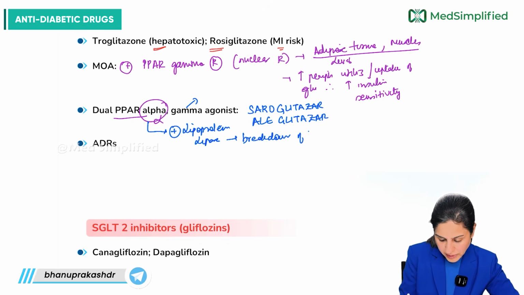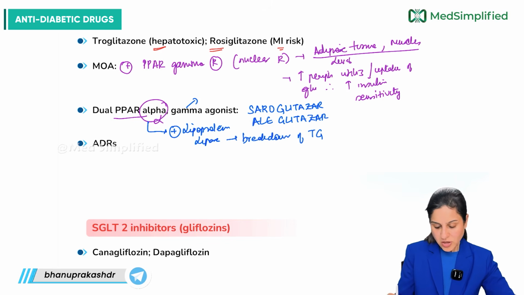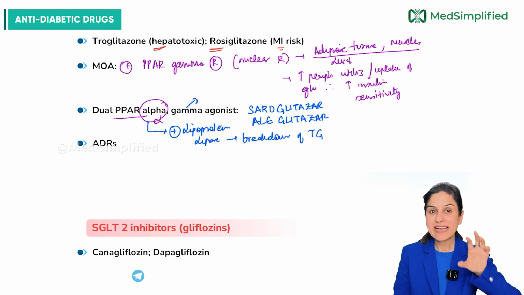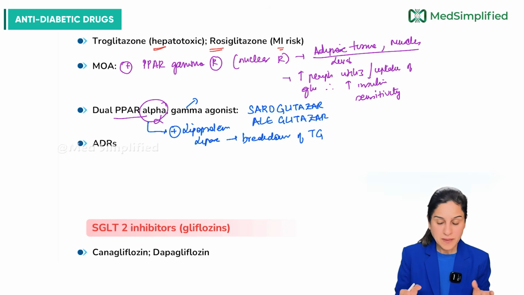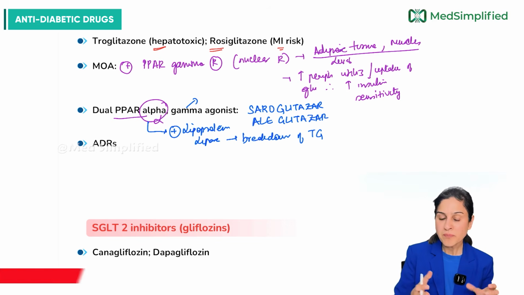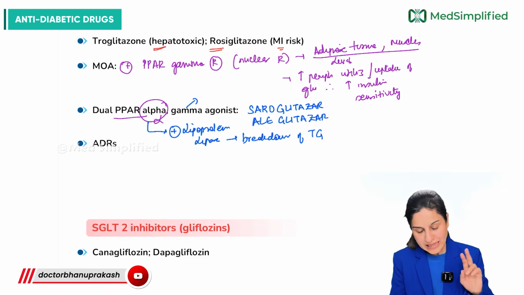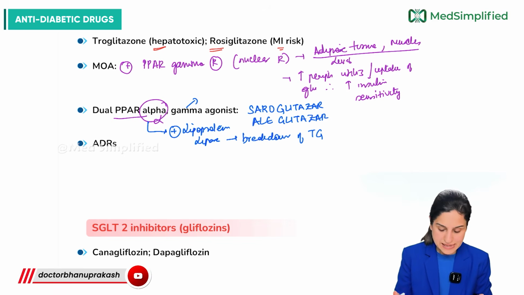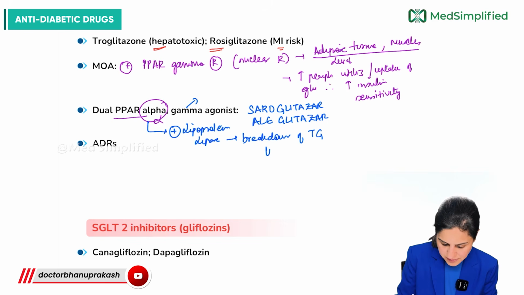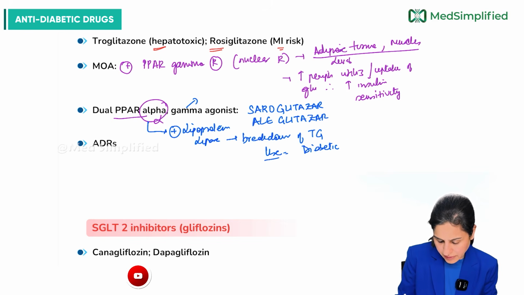So they cause breakdown of triglycerides. So it is going to be helpful in case of dyslipidemia. So diabetic dyslipidemia, this is the drug we can give because it takes care of the diabetes as well as the dyslipidemia. So the use is diabetic dyslipidemia.